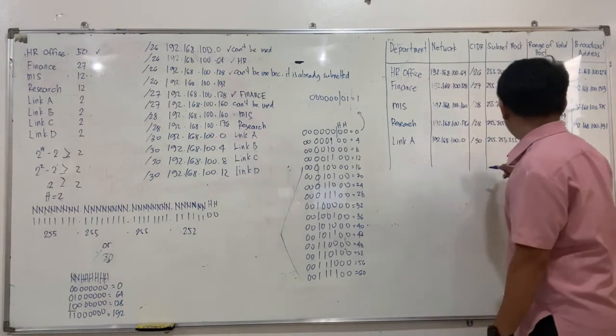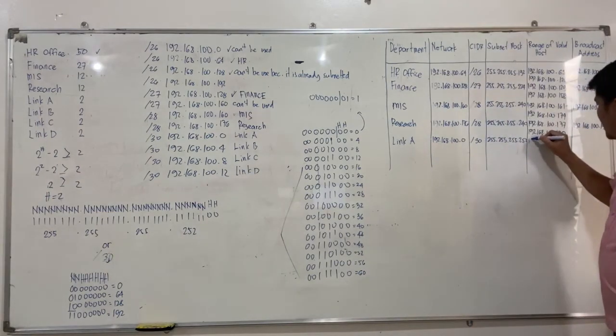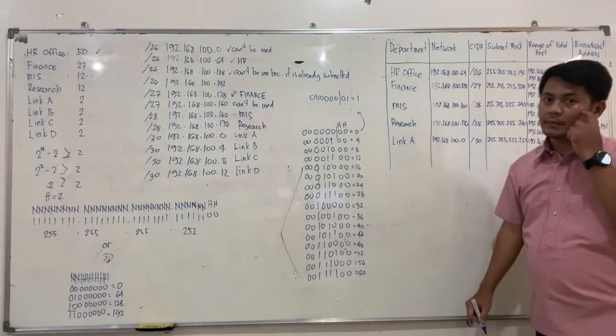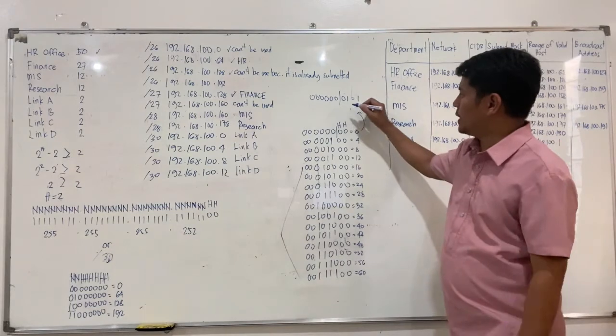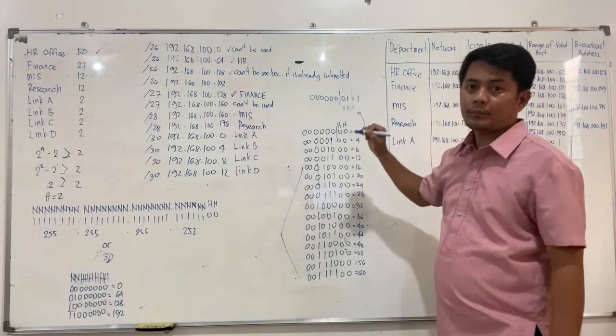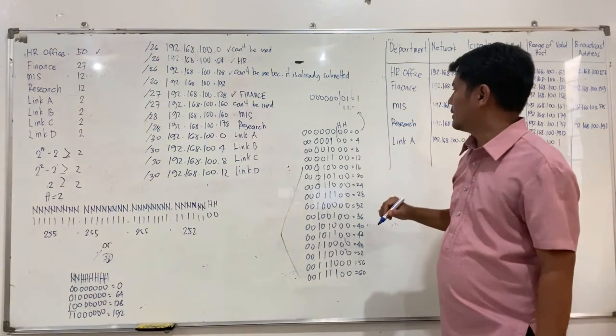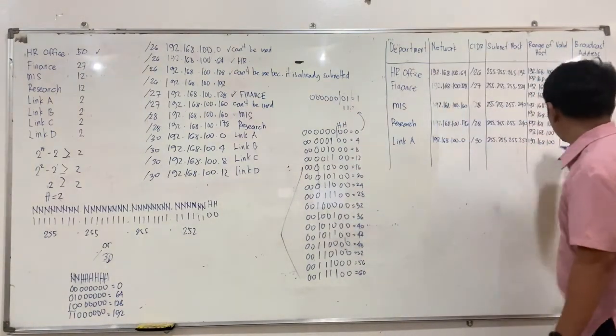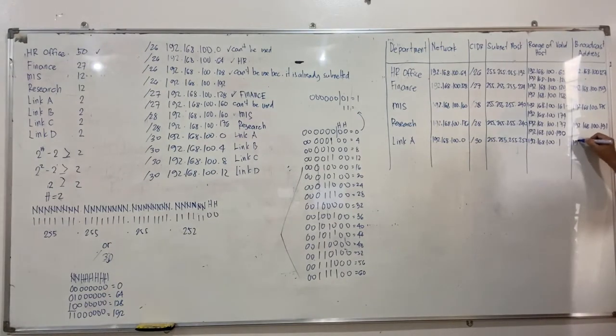That is equivalent to 1. So this is 192.168.100.1. If we turn all host bits into 1, this is our broadcast number. So 1 plus 2, that is 3: 192.168.100.3.